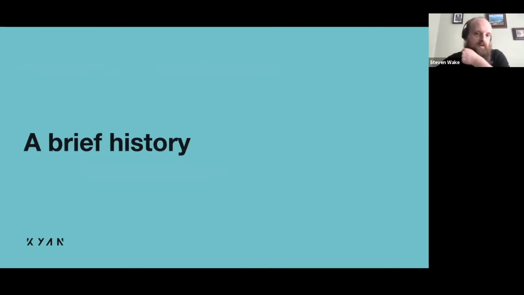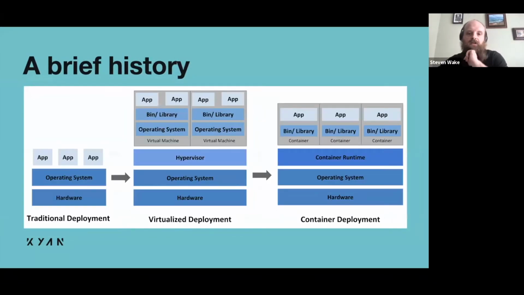So just a brief history. This is like three different phases of hosting, particularly web apps. But it is applicable even pre-web as well. On the left, you've got the traditional deployment where there are only three layers: the application layer, the operating system, and the hardware.